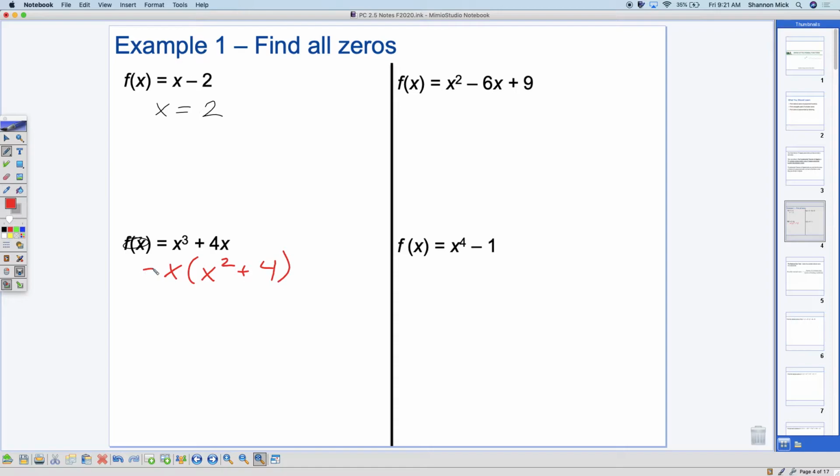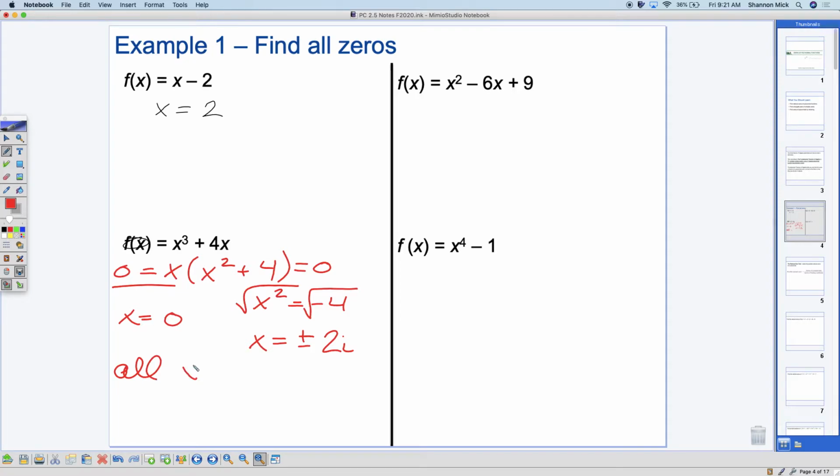And set both of my factors equal to 0. So this gives me x equals 0. This gives me x squared equals negative 4. Then what? Square root the negative 4. So not just 2i, plus or minus 2i. So all the solutions are x equals 0 and plus or minus 2i.